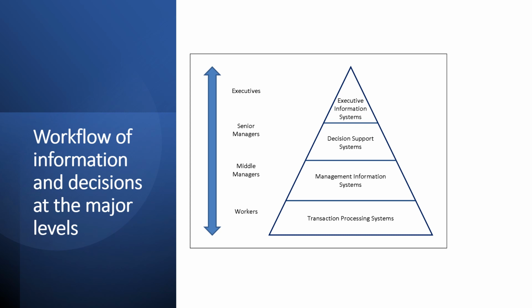So overall, the workflow of information and decisions within the organization follows a hierarchical structure, with communication channels facilitating the flow of information from top-level executives down to the frontline staff, and feedback loops enabling upward communication to inform decision making at a higher level.